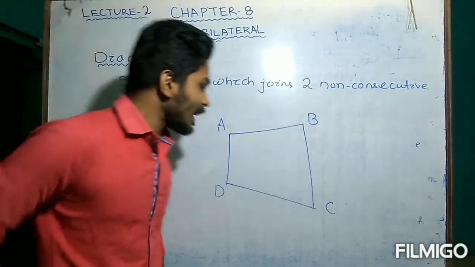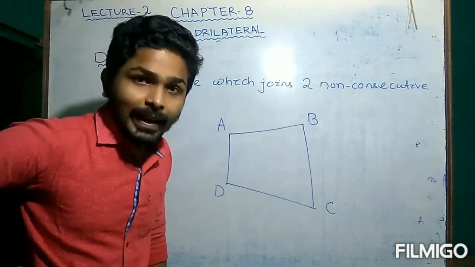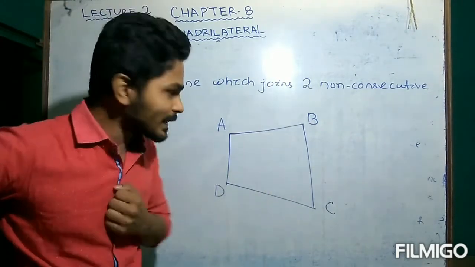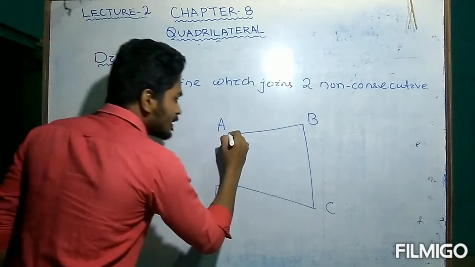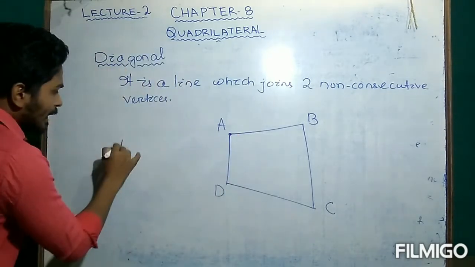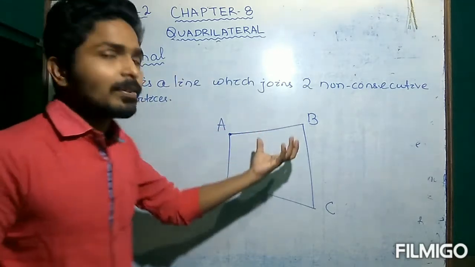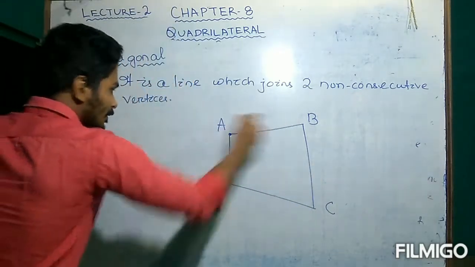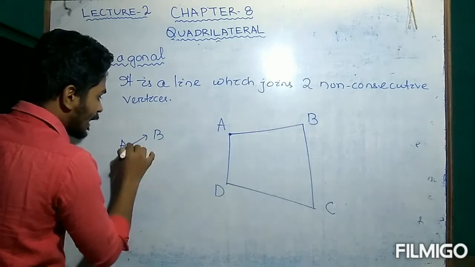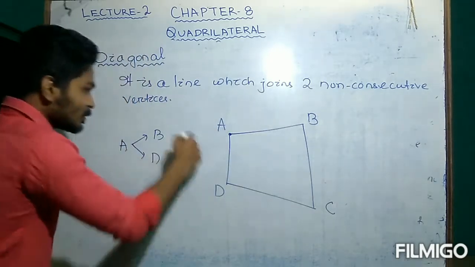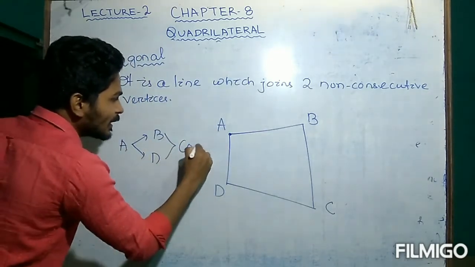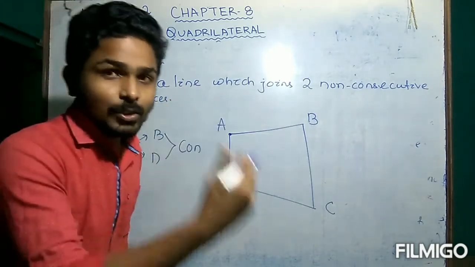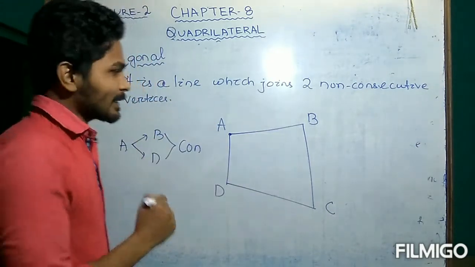In order to find the diagonal, we have to first find what are the non-consecutive vertices. If we consider the vertex A, then what are the consecutive vertices of A? Vertex B and this vertex D. So these two are consecutive vertices, but we are in search of non-consecutive vertices.